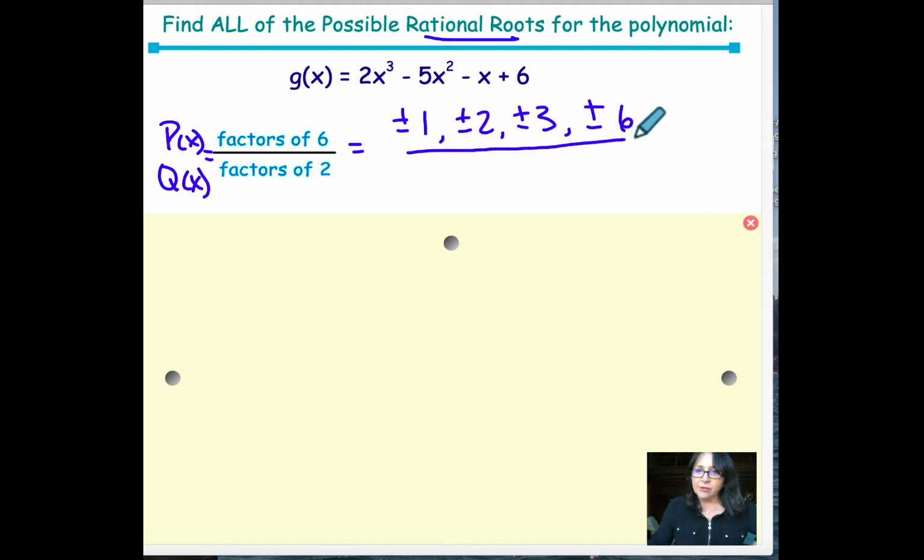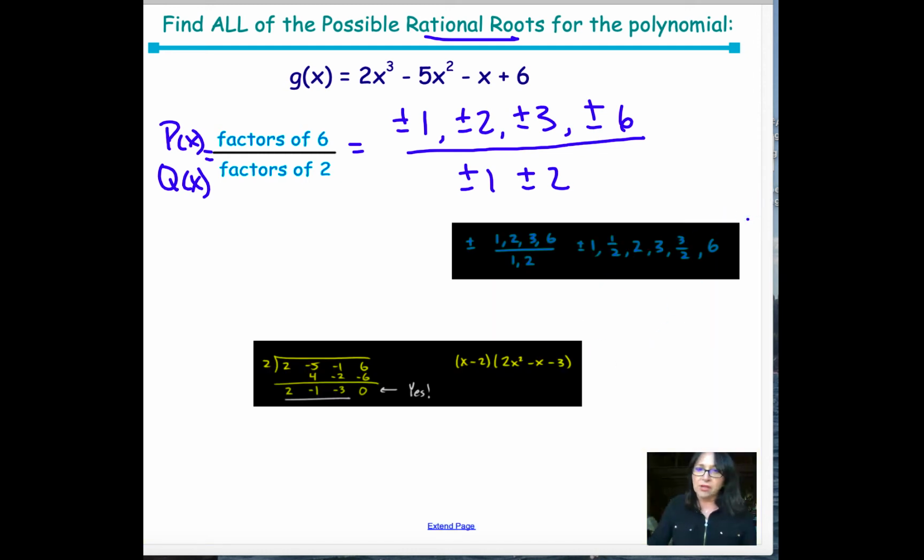But then the factors of 2 are not only 1, but they're also 2. So now I have to come up with all the different combinations. Now it's going to be like 1 over 1, 1 over 2, 2 over 1, 2 over 2, 3 over 1, 3 over 2, 6 over 1, 6 over 2. And so some of these values will be repeating.